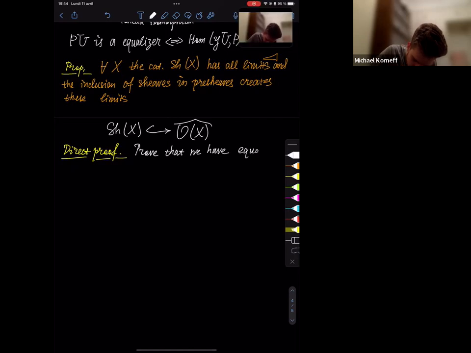Form an equalizer in the category of presheaves, and prove that it is a sheaf, where of course F and G are sheaves in the category of presheaves.